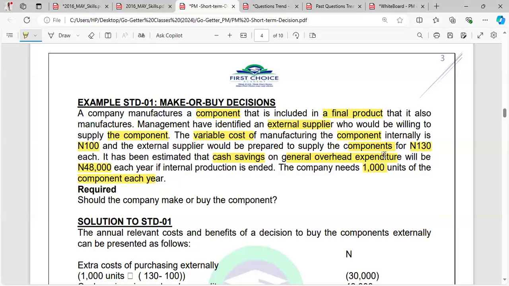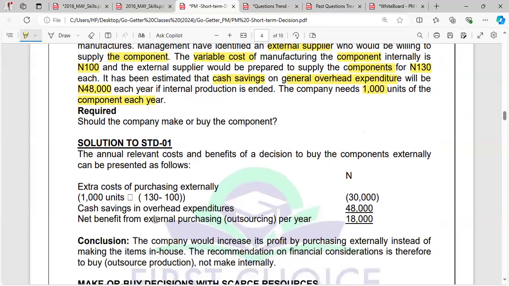Whether you do it internally or externally, minimum 100 naira will go. Now, what is the extra that you will spend that is relevant? That extra you will spend when giving it outside will be the difference of 30. So 30 multiplied by 1,000, that will give me 30,000. So we put it in bracket because you are going to spend that money.